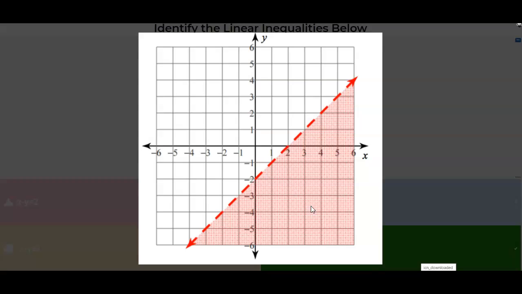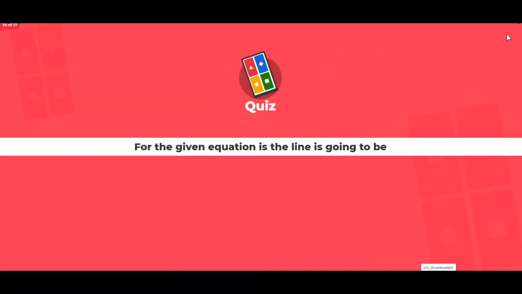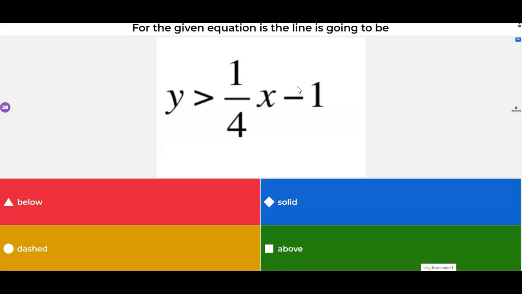So the shading is below. Therefore, y is greater than, in this case, because you have to move over your x, and then that negative right there would change the direction of your inequality here. So again, these questions are really similar to your quiz questions coming up on Tuesday next week.